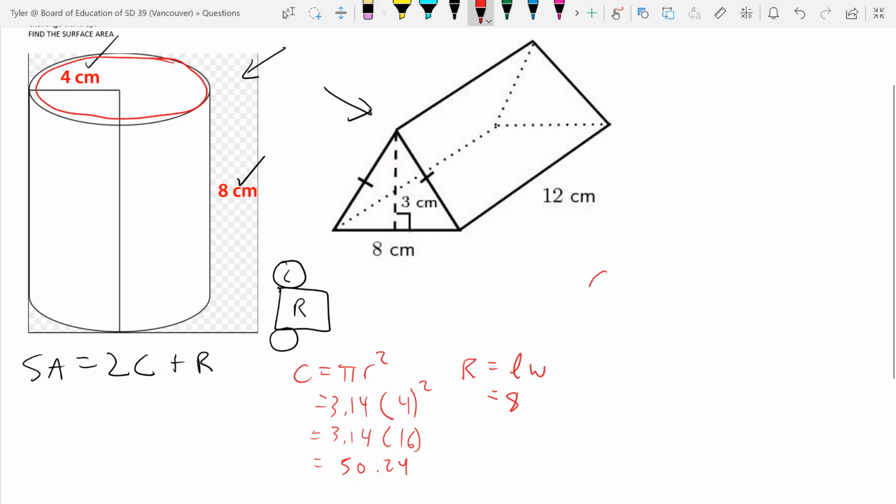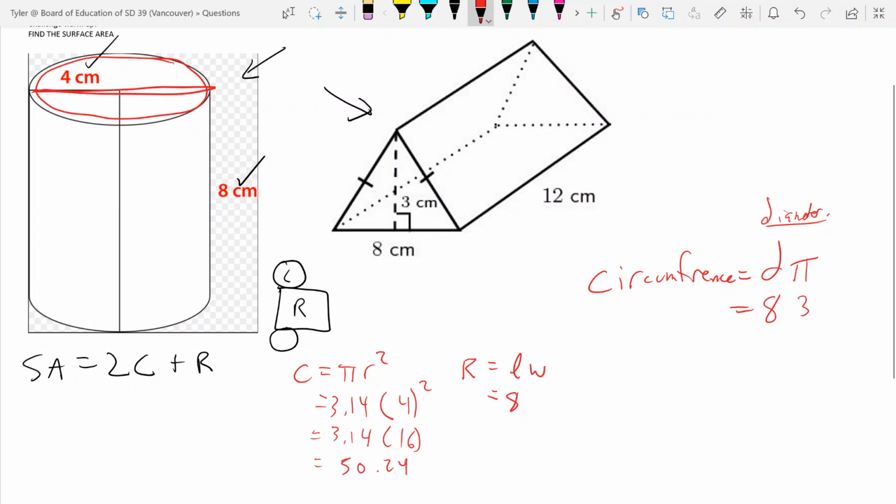The circumference formula, okay, circumference is equal to d times pi. D is diameter. Okay, so remember diameter is the distance all the way across. So diameter in this case would be 8 because it would be twice as far as the radius.